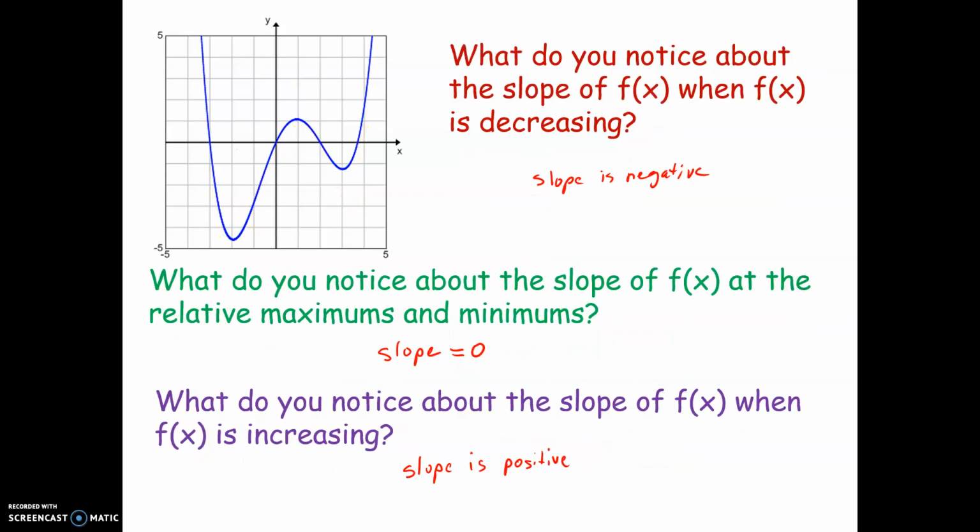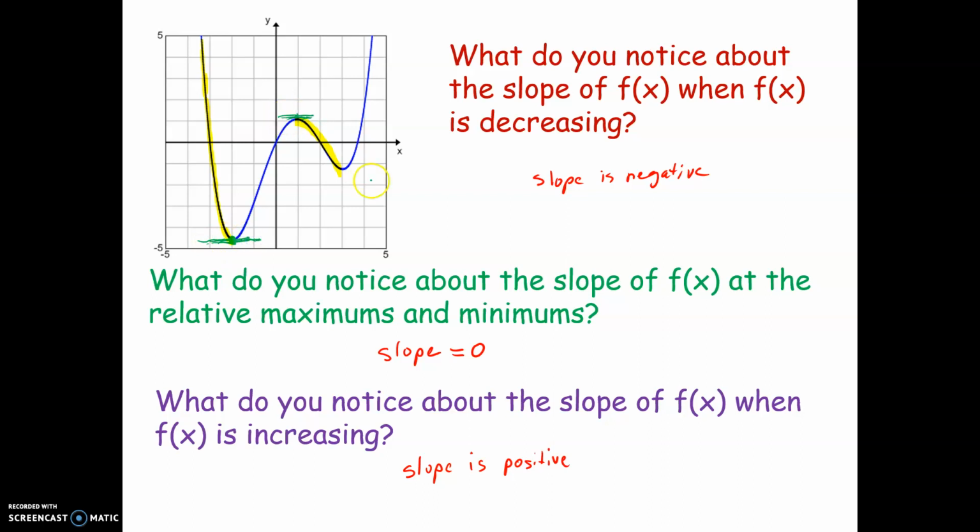What do you notice about the slope of f of x when f of x is decreasing? We know this from algebra 1. When a graph is decreasing like that, the slope is negative. So here there would be a negative slope also. What do you notice about the slope of f of x at the relative maximums and minimums? Let me get a pen. Right here is a relative minimum. The slope at that point, the tangent line right there, would be 0.